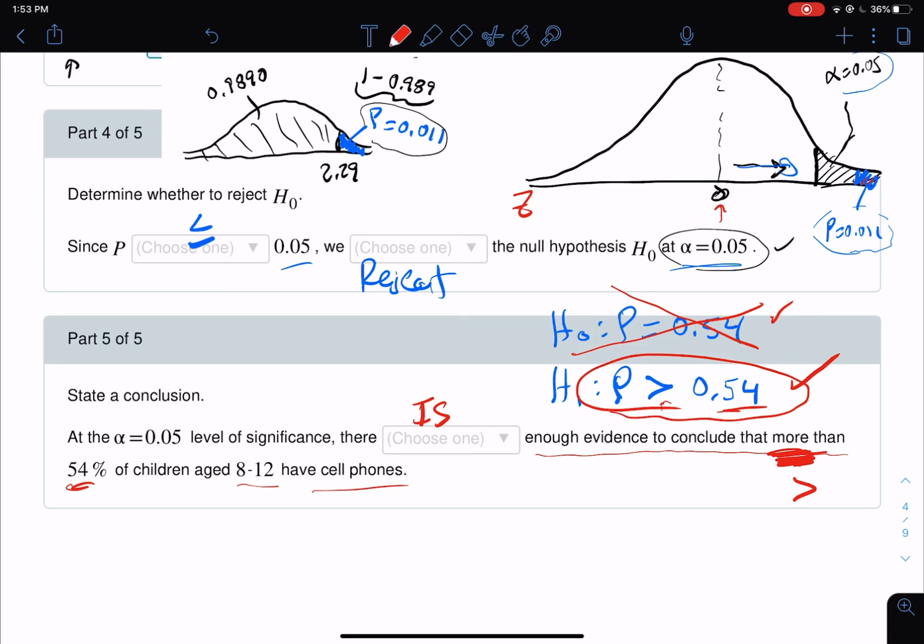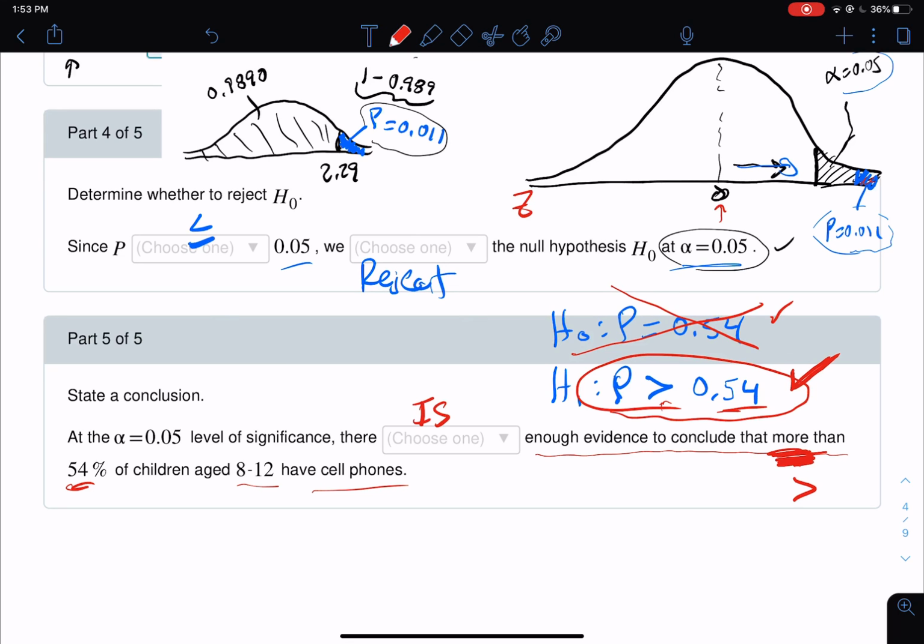Anytime we reject the null, we have a nice strong statement, and you just restate it using the language of the problem. In this case, 54% of children age 8 to 12, and they have more. So that's how it goes.